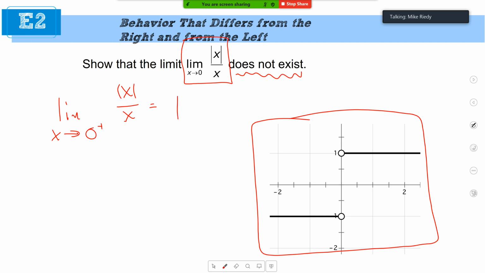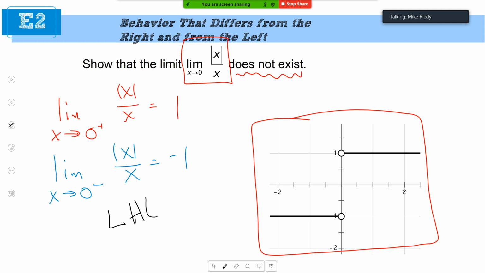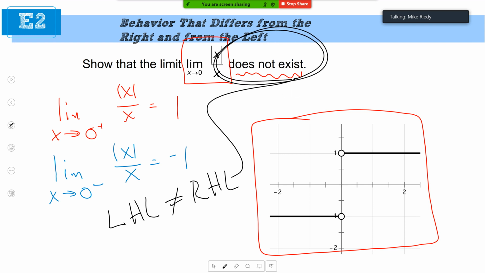That's Spanish for 1. The limit as x approaches 0 from the negative side of the absolute value of x over x is -1. And sure enough, the left-hand limit does not match the right-hand limit. Therefore, the limit does not exist.